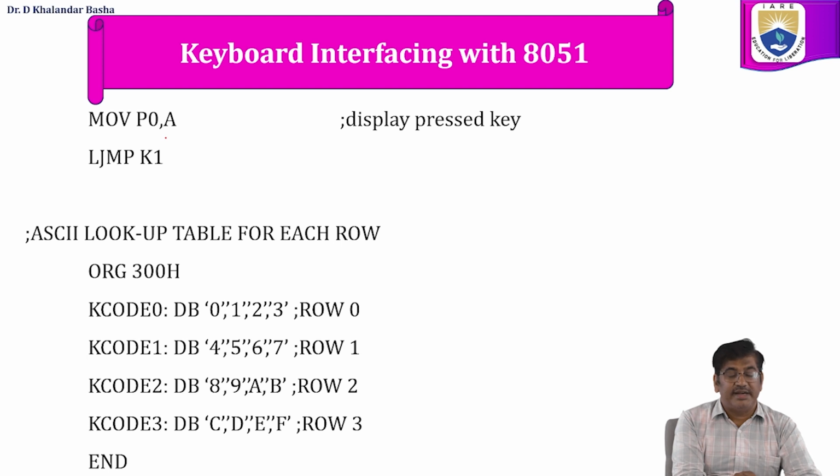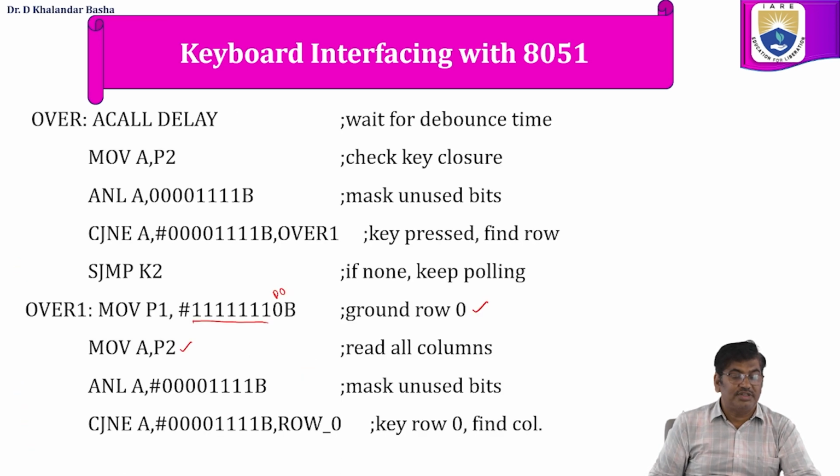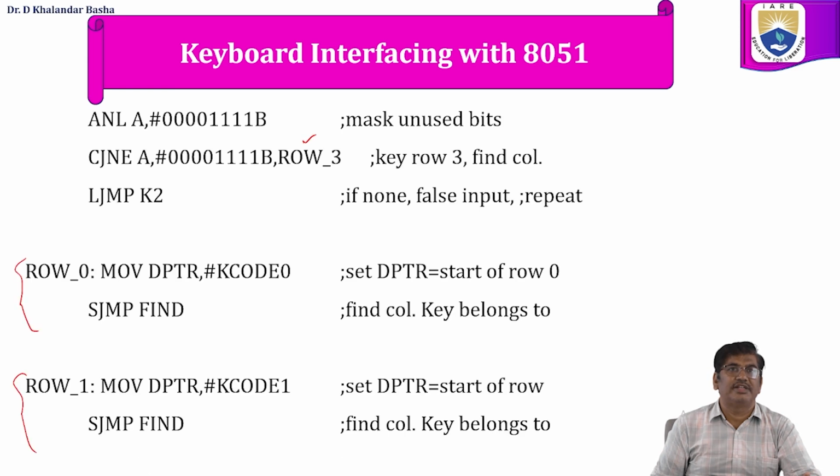Once the key is identified, the ASCII equivalent of the code will be loaded into port 0. For the next key press, we go for a long jump to K1, which is the first instructions block, where we make all the rows 0 and then read the columns. So this will be a continuous iteration.